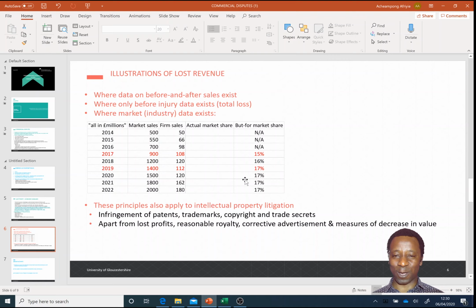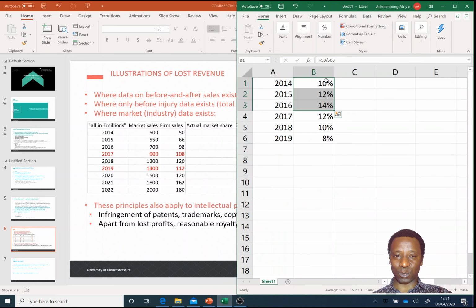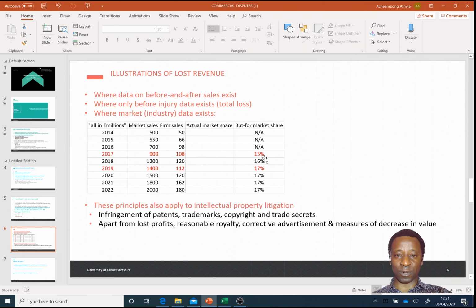What you're trying to do here is be very pragmatic and fair as well, because look at the claim here. What our firm is saying is that but for the event happening in 2017, they think this would have been their market share. Well, again, you have to look at the facts of the case to see if these claims are too high, because before the loss they hadn't hit 15%, but here they are claiming that they would have had 15, 16, and 17%.